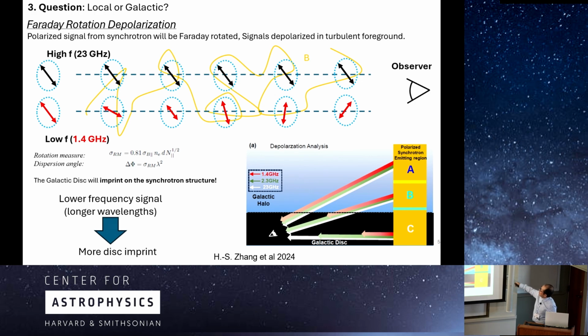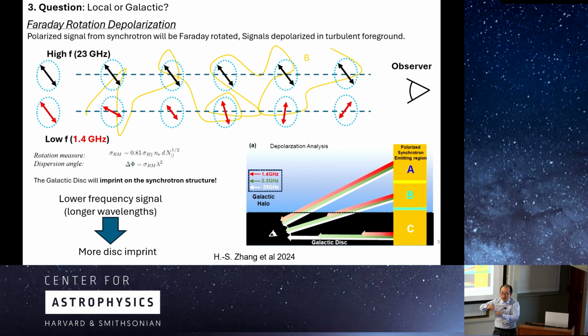So if you have some magnetized structure emitting polarization signal in radio band, then your polarized signal will suffer Faraday rotation as it propagates through the magnetized ionized medium, and it's proportional to the line of sight density as well as the wavelength.